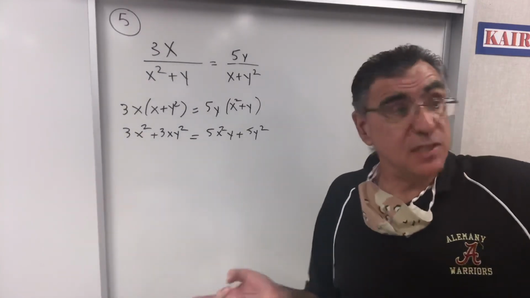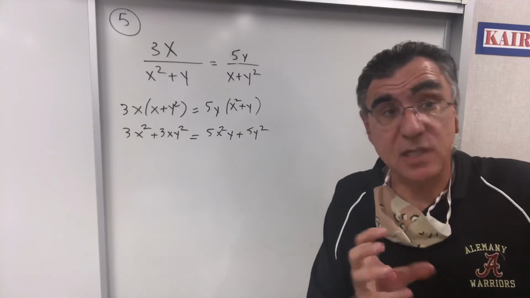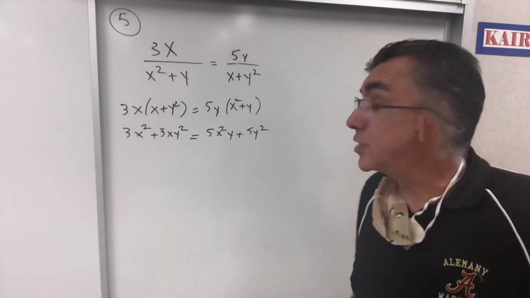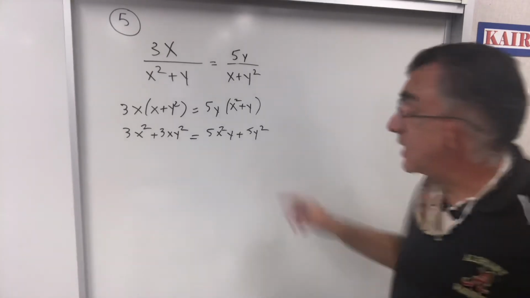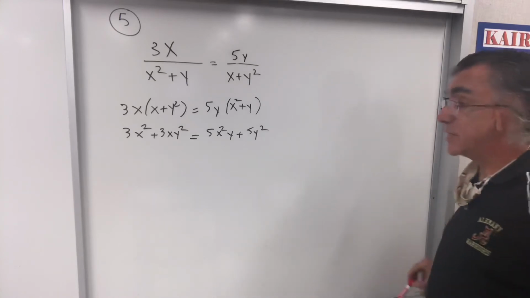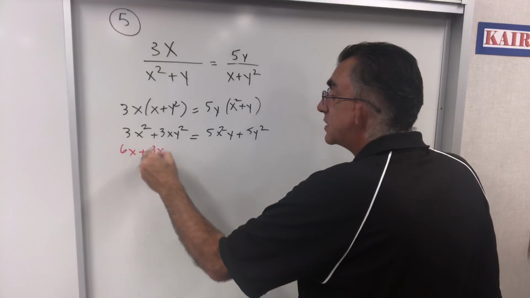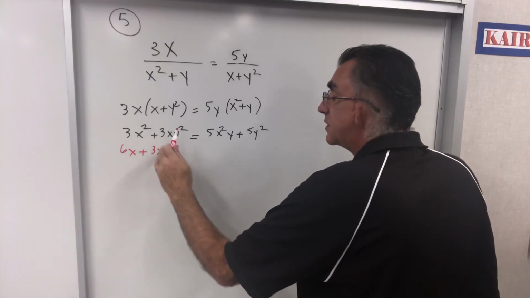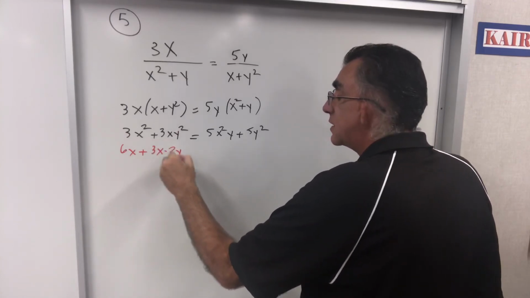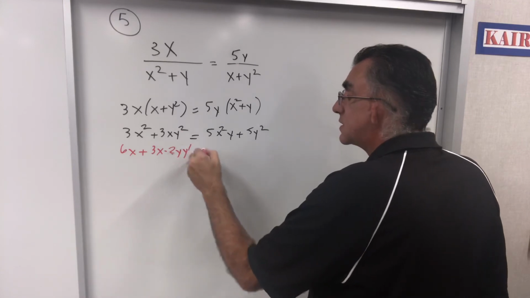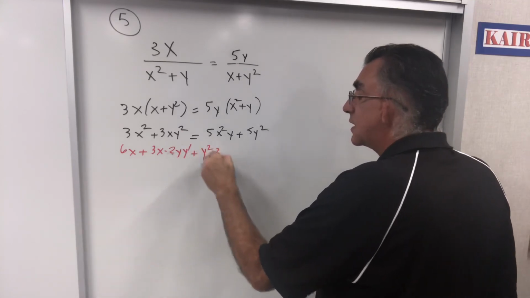Remember yesterday I just had expressions. I didn't have any equations, just had expressions. So make sure that you get rid of it. Now it's like all the other questions we did, right? 6x, first times the derivative of the second plus the second times the derivative of the first.